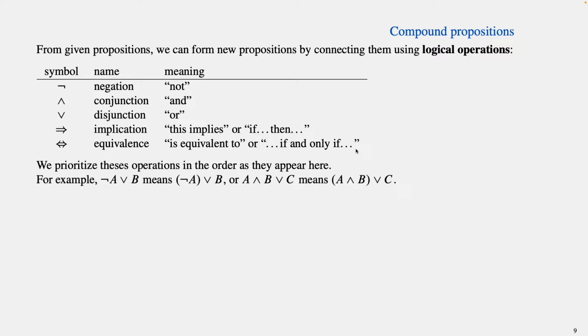And just like in arithmetic, where multiplications take precedence over additions, these operators have different priorities. So we prioritize them according to the order in which I list them here.